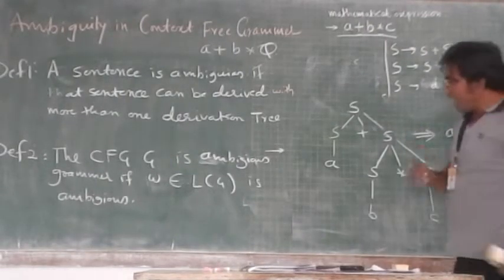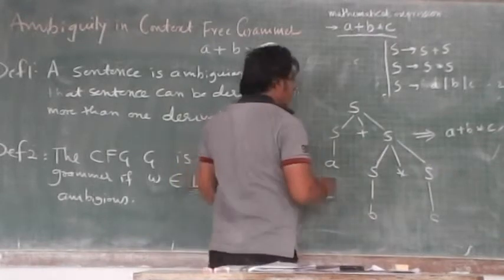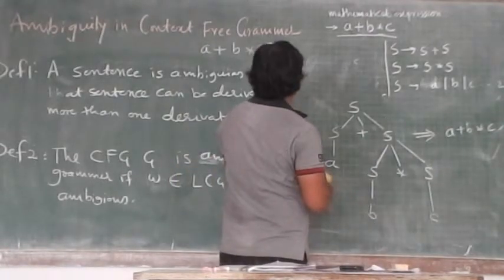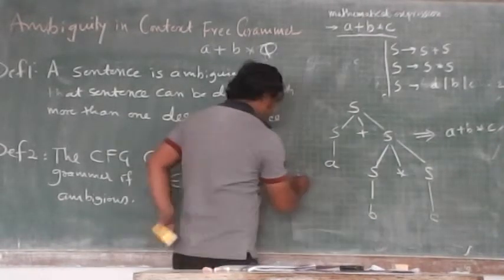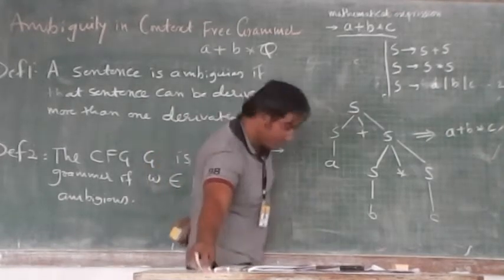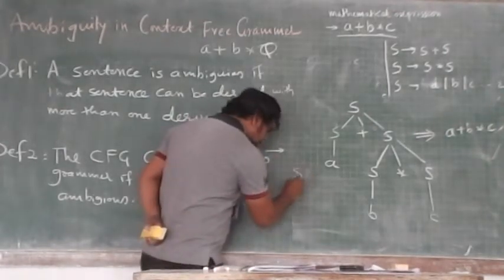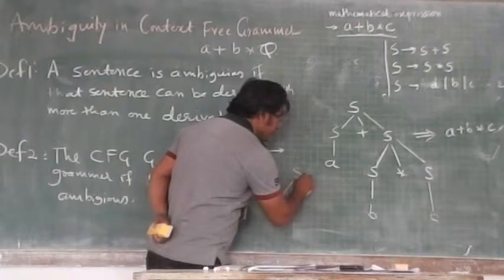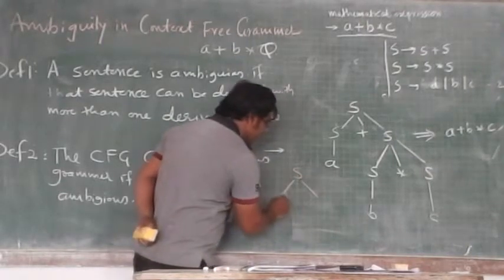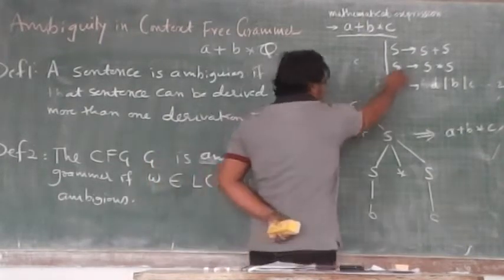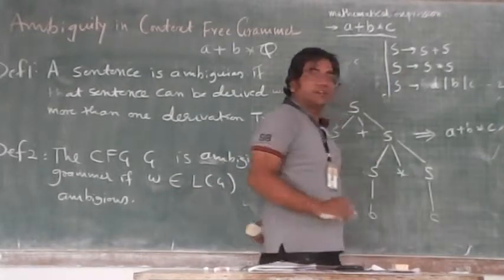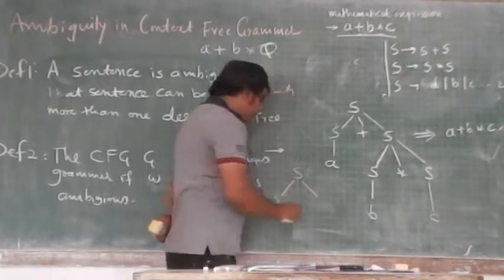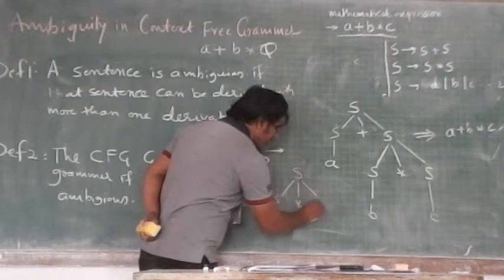So I can draw one more tree here. I can start with S, and I can start with the second production and draw a derivation tree. In that case, I will get this.